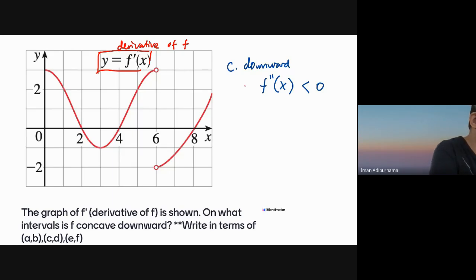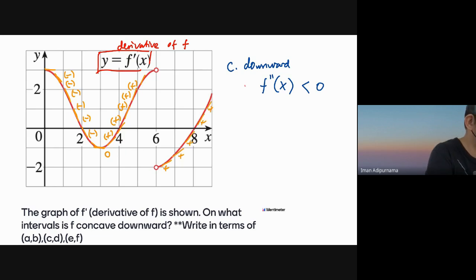So we can imagine the slope from here, from here, from here. The slope here is negative, up until here, and this will be 0. And the slope here is positive, positive, positive.